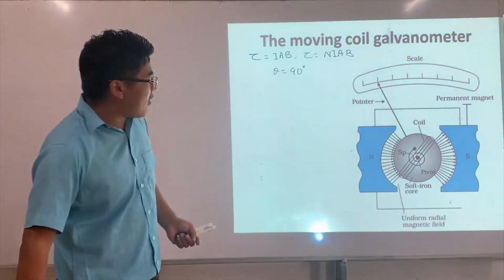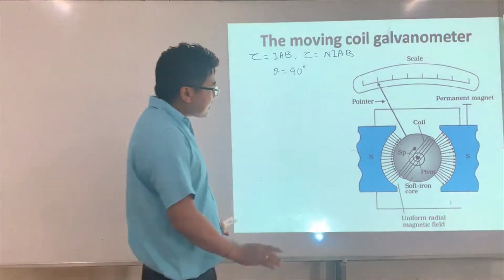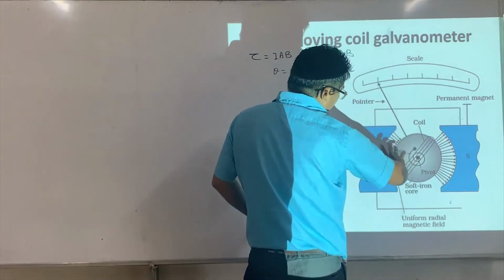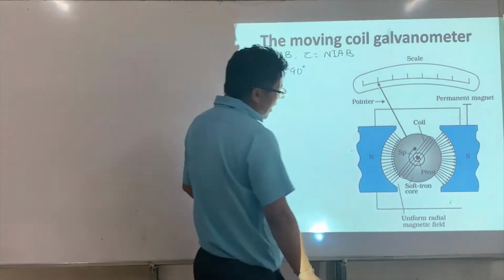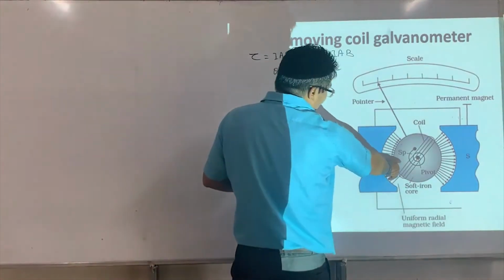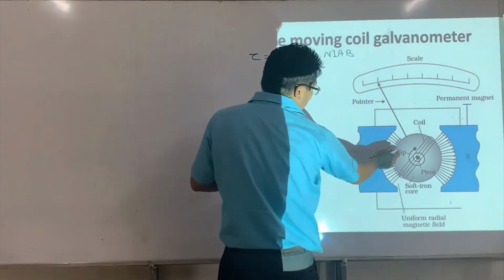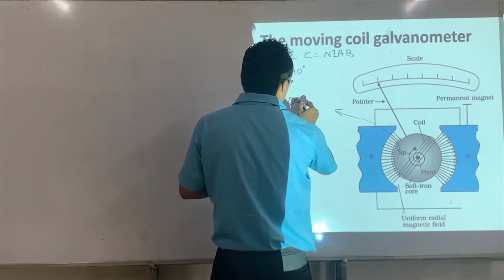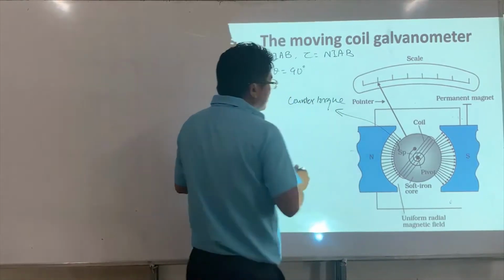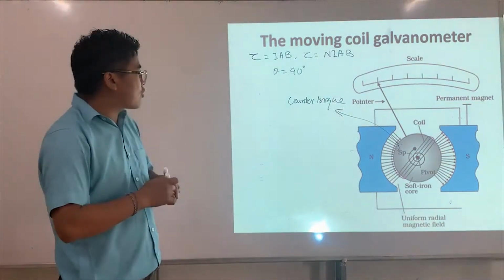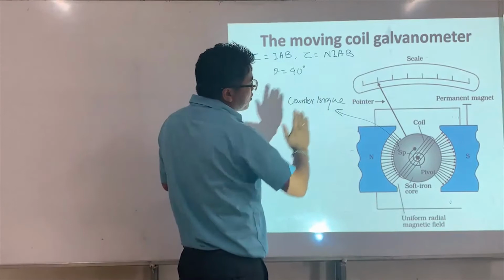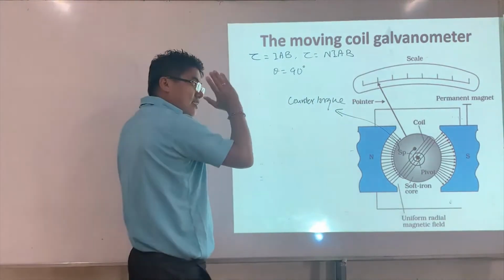And then I have the springs which I fix at the iron core. Why? Because when it rotates, these springs provide a counter torque, so that when you remove the current, it will come back to its original position, that is zero, right?